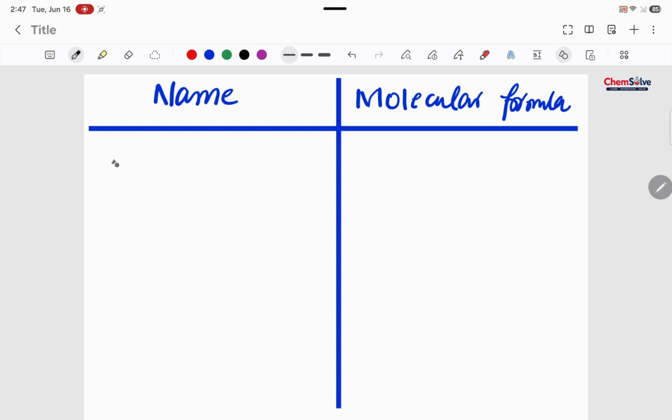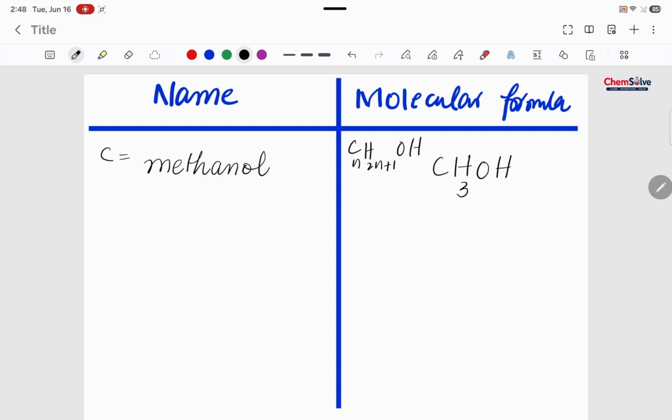For example, if I want to prepare an alcohol with carbon number 1, so the name would be methane, but I will drop this E and I will add ol. Now just keep this general formula in your mind, that is CnH2n+1OH. So carbon number is 1. So C1, H, 2 into 1 is 2, plus 1 is 3 and OH.